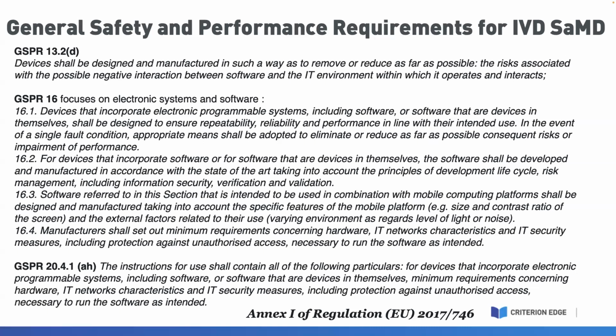So that's going to be, again, focused in on that risk management and the protection from unauthorized access so that you can run the software as intended. It's all designed to show that you have met those performance and safety requirements to ensure that the device performs as intended. And in this case, your intention is for the software to run correctly and to fulfill its medical device function.